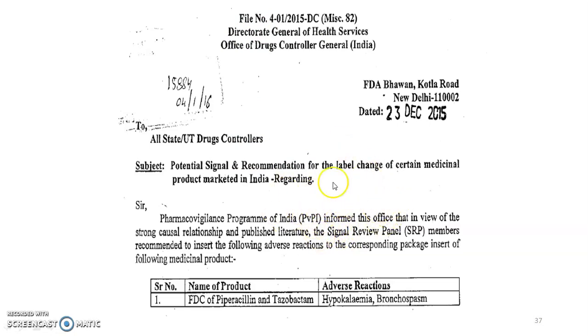PVPI informed all the officers that there is a strong causal relationship with the published literature, in the signal review panel, where they recommended that when you use the fixed dose combination, that is FDC of piperacillin plus tazobactam, the patient will develop hypokalemia and bronchospasm. So whenever you are using piperacillin and tazobactam in your practice settings, you need to always monitor the patient's laboratory tests relating to hypokalemia, as well as monitor for bronchospasm in the patient.